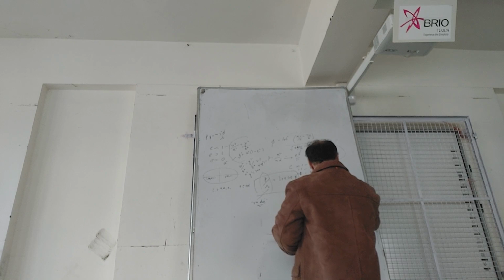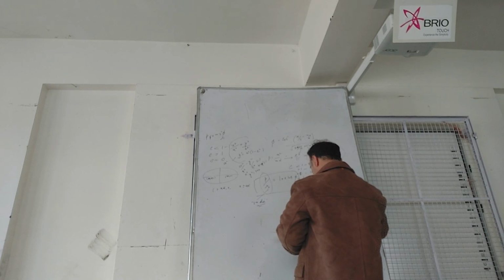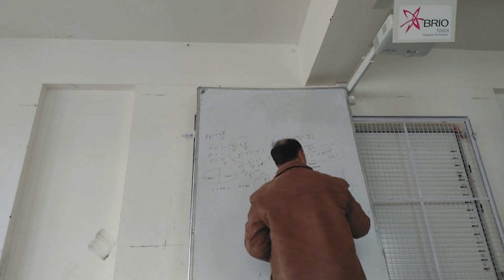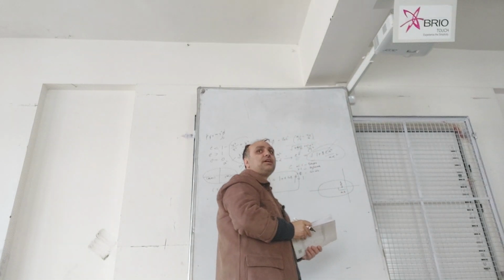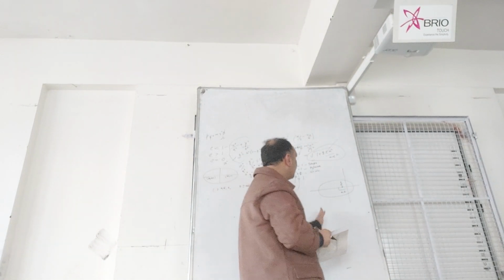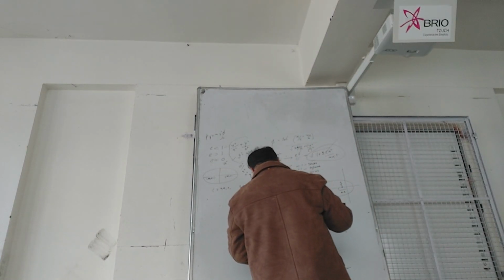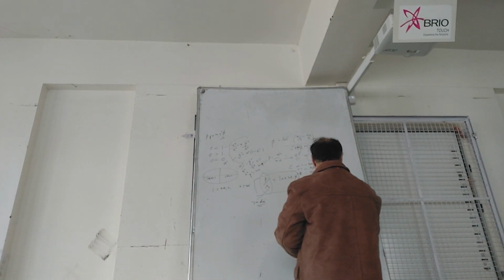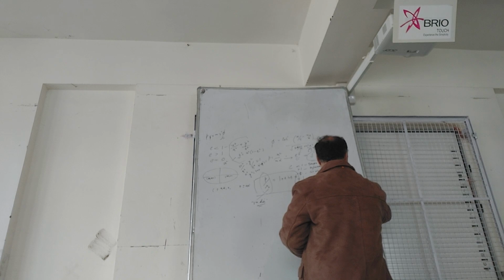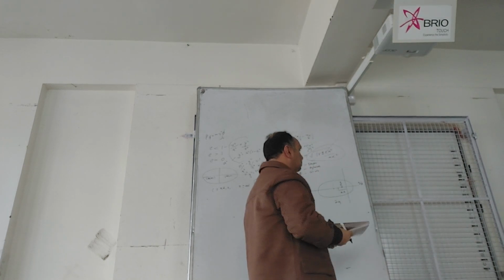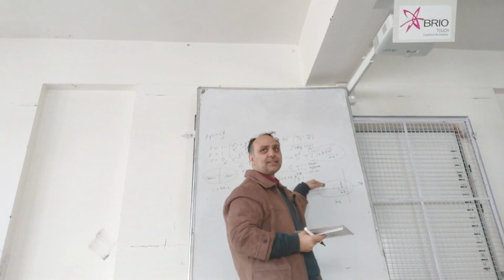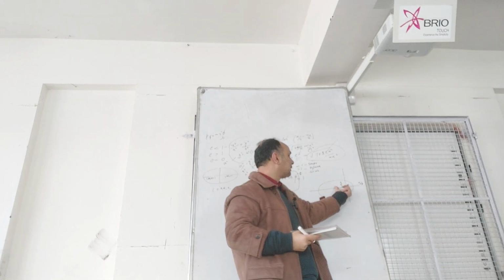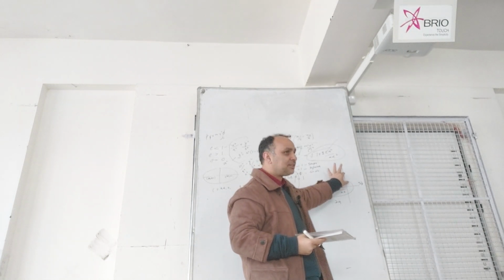So from here to here, now in this also there are two radii, 2a and 2b. Two radii, one is horizontal, this is plus a, this is plus b.